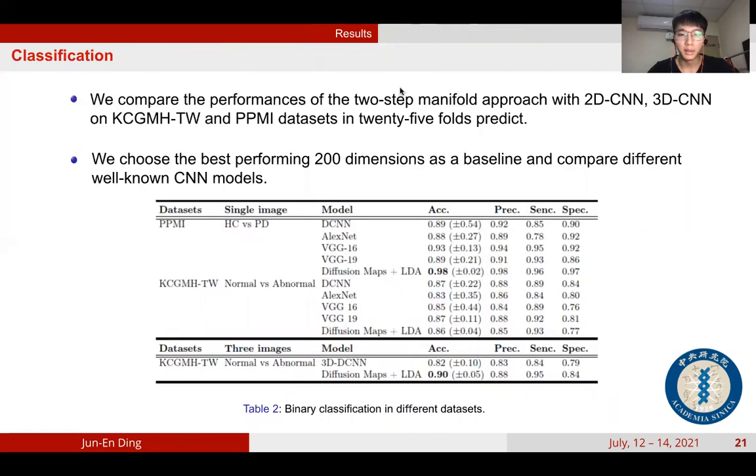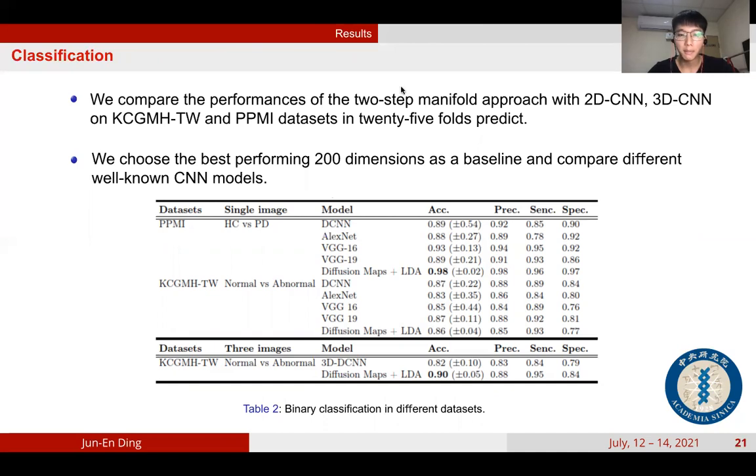We implement the KCGMH-TW dataset with 3 SPECT images from 9x9 slices as a high-order brain image tensor as input to the 3D CNN. The classification results are reported in Table 2.